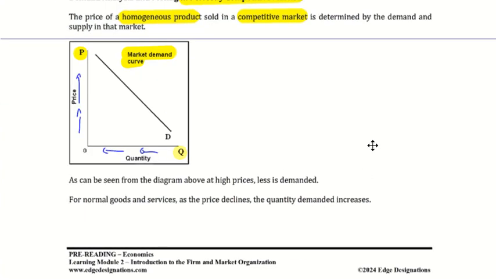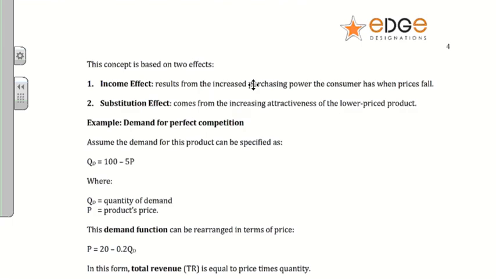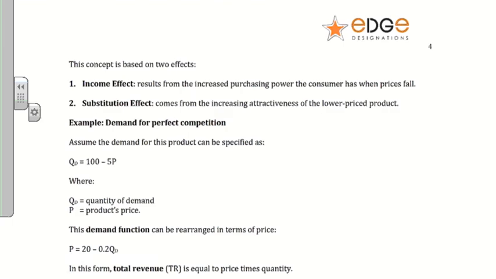For normal goods and services, as the price goes down, quantity increases. Let's show you that. As prices move down, quantity goes the other way, hence the inverse relationship. What is that based on? We've spoken about this earlier. It's based upon the income effect.